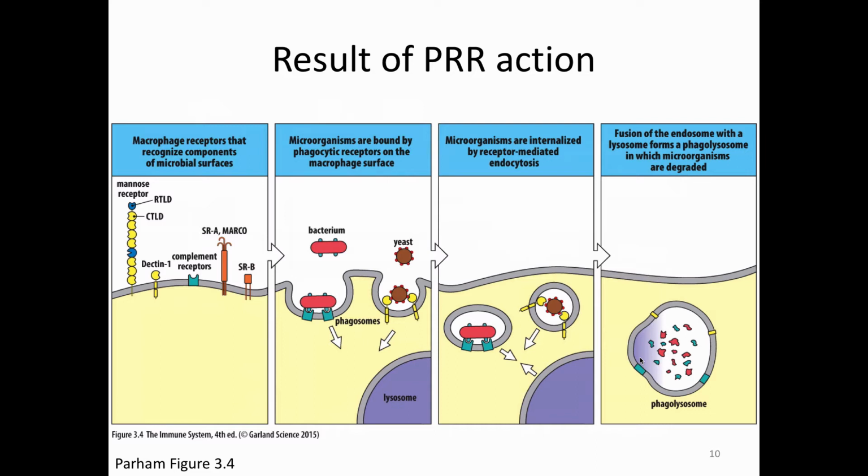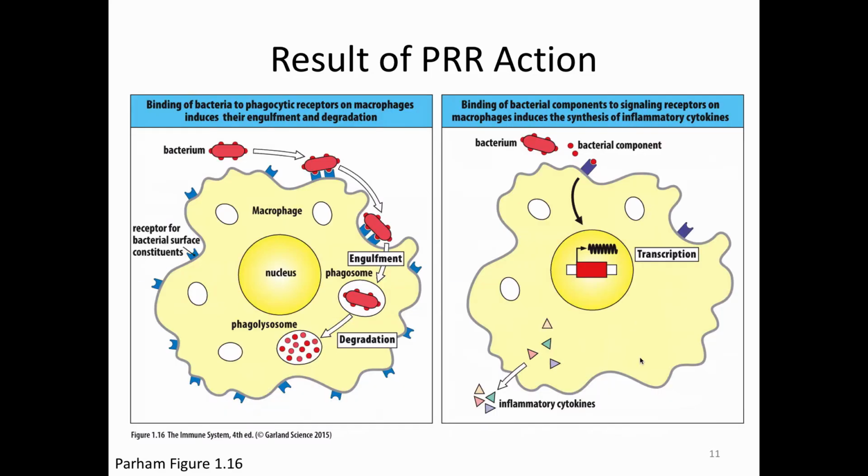In fact, your textbook says, from the Greek, to make tasty, aka butter. And so the first thing that can happen as a result of pattern recognition receptor activity, if that receptor is on the surface of a cell, is phagocytosis. However, this is not the only thing that can happen as a result of pattern recognition receptor activity.